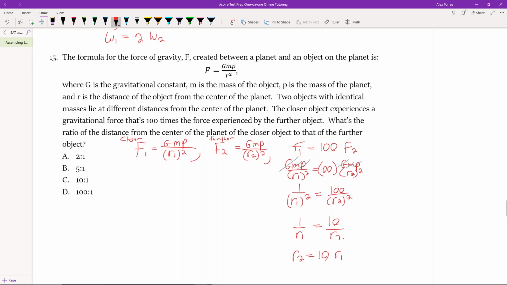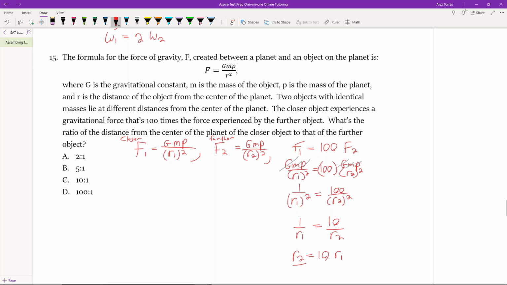What's the ratio of the distance from the center of the planet of the closer to the further? So that's R1 over R2. So R1 divided by R2.